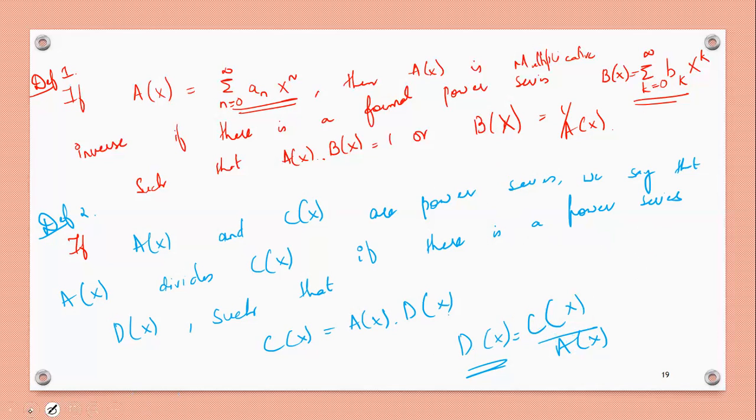Okay, so now based on this, we will see a few formulas. The first one and the most important one is also known by the name of geometric series. It is given as follows: 1 by 1 minus x is equal to sigma r is equal to 0 to infinity x power r.